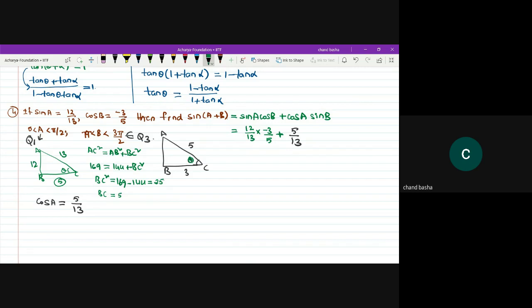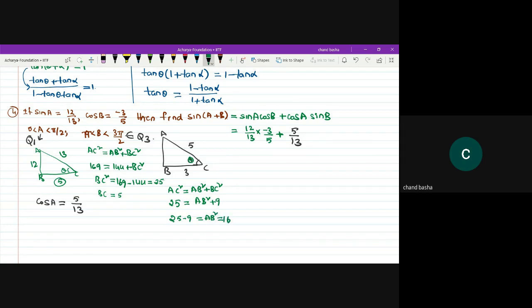As you know, by the right angle triangle formula, AC square is equal to AB square plus BC square. There is a relation between 3, 4, 5 and 12, 13, 5. AC square, the hypotenuse, is 25. BC square is 9. So 25 minus 9 is equal to AB square, which is 16.